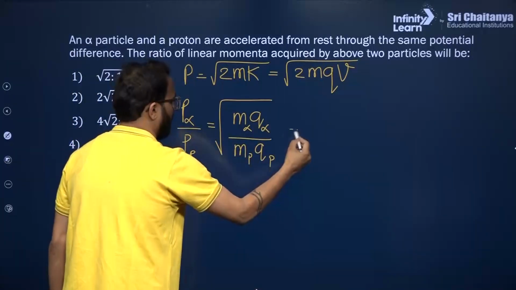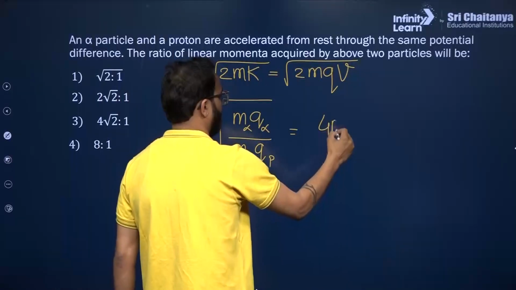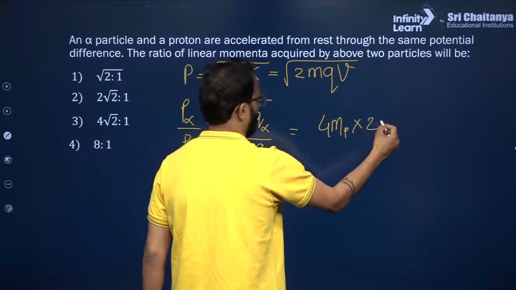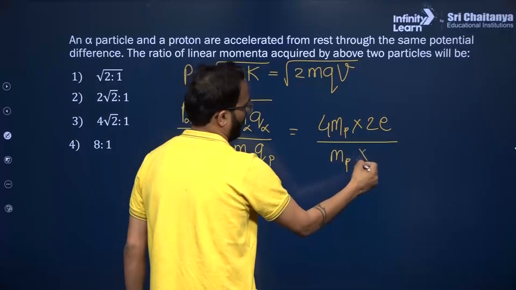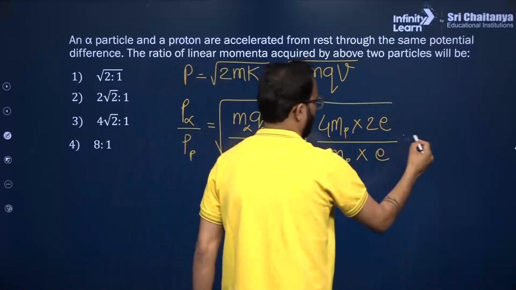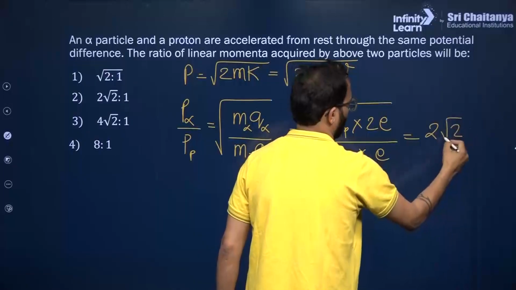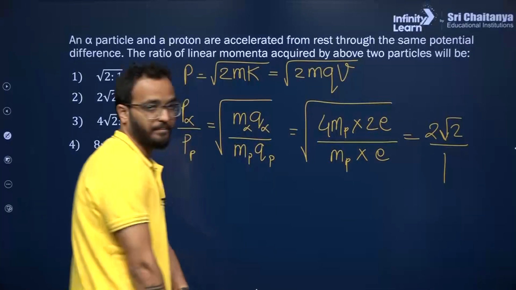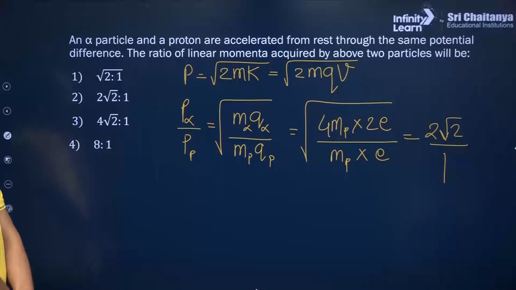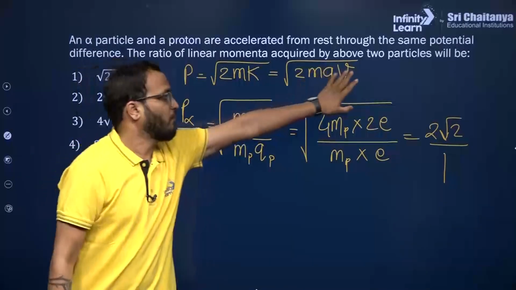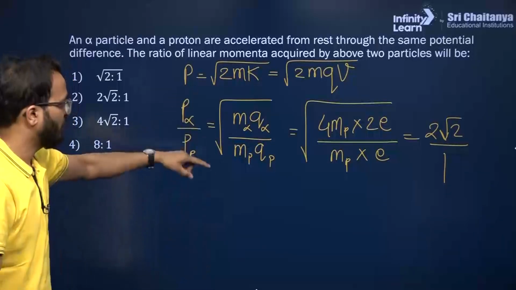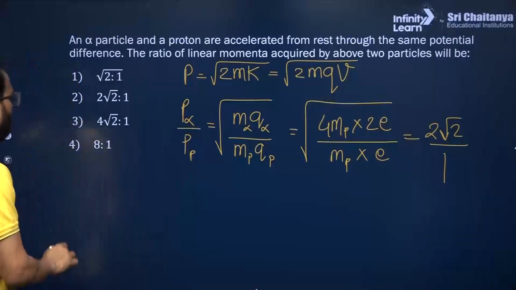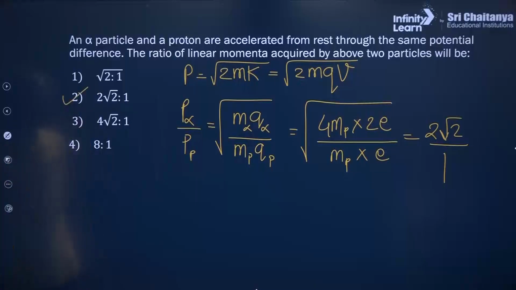The mass of the alpha particle is 4 times the mass of the proton, into 2 times the charge of the proton, upon mass of proton into charge of proton, under root, which will be 2 root 2:1. Got it? The potential difference is a constant, so it will be cancelled out in the ratio. So the answer will be the second option.